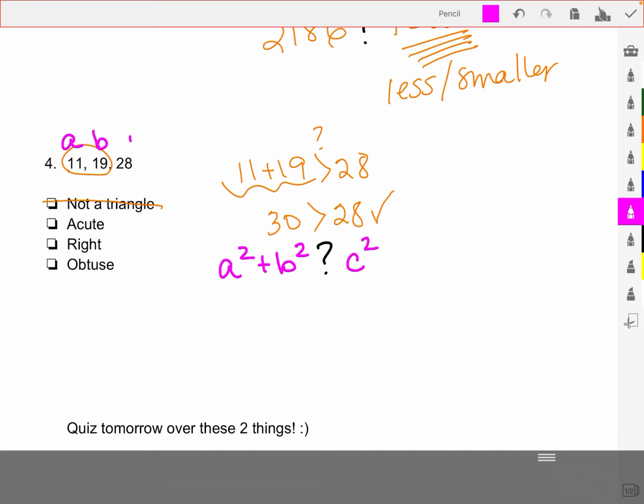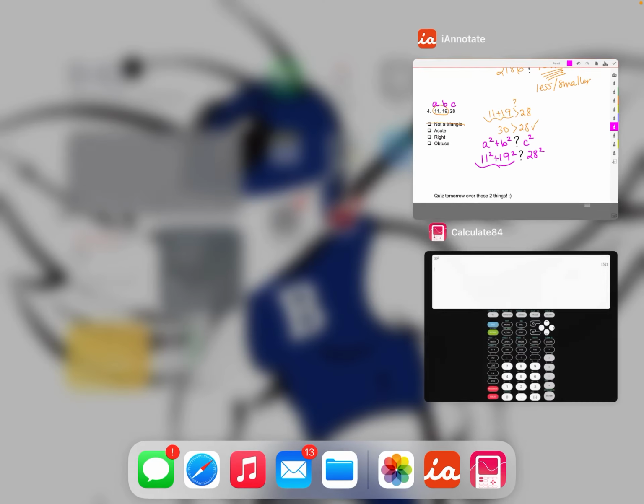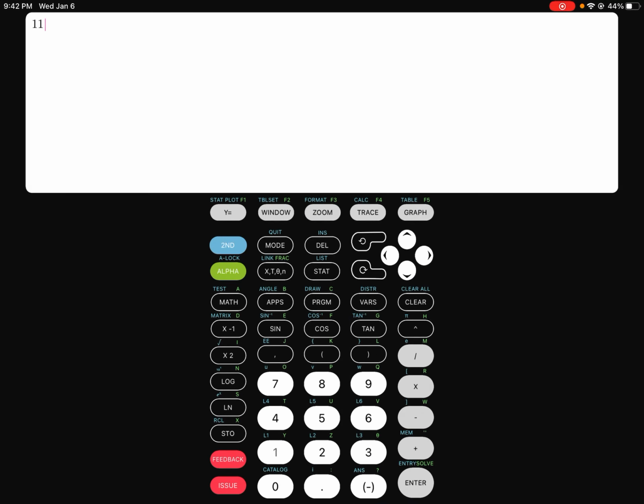So here's my a, b, c. 11 squared plus 19 squared compared to 28 squared. 11 squared plus 19 squared is 482.